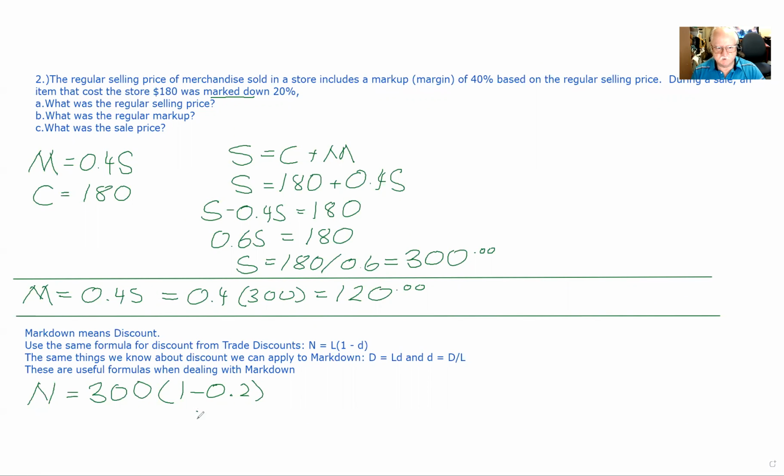So this just becomes 0.8, and we find out what 80% of 300 is. And it looks to be 240. So that's our part C. That's the sale price that we're worried about. But just remember, when they talk about markdown, it's the same as discount.